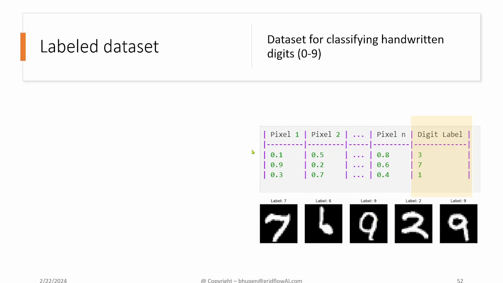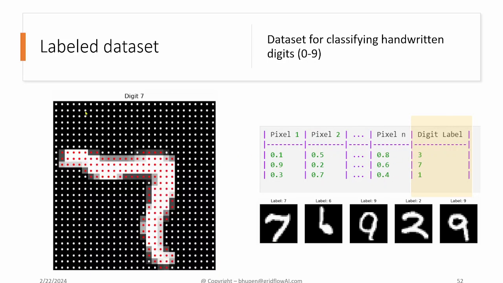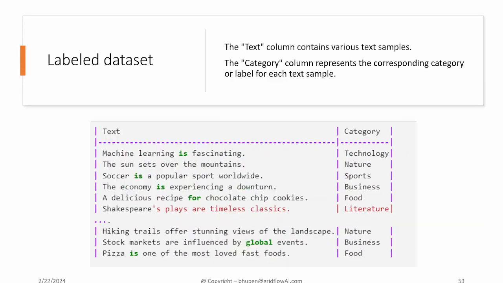Each picture has to be converted to a structured format, so this 7 that you see here corresponds to one row in the table. For example, this is a 28 by 28 picture, so how many columns would you have? 28 multiplied by 28 columns, and then the label is going to be 7. This is a labeling process which is mandatory before we build supervised models.